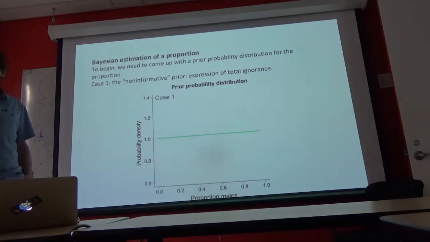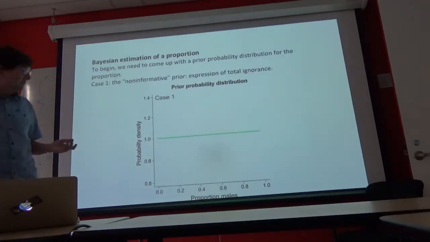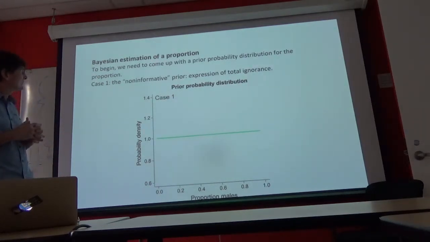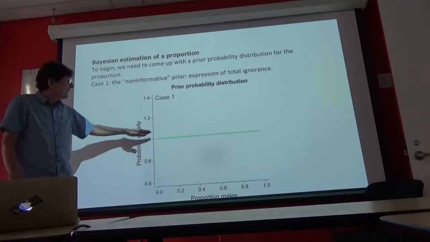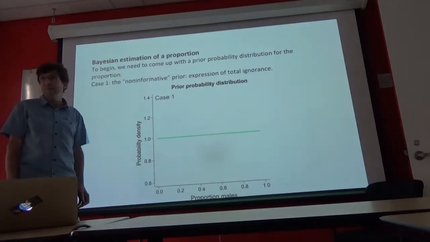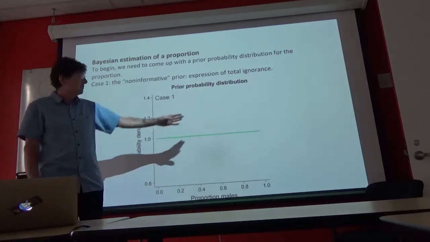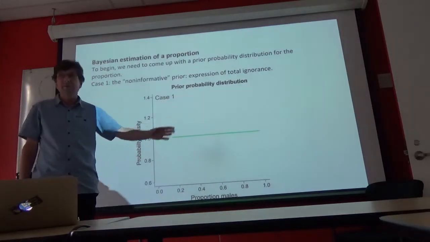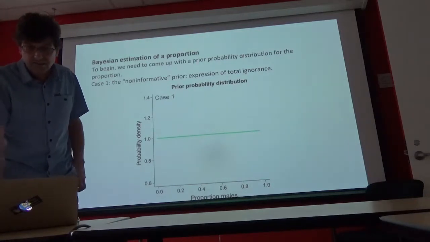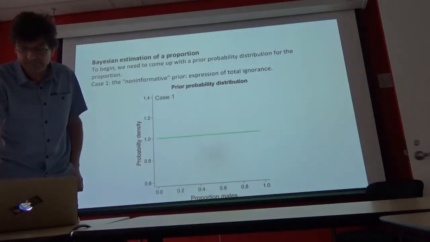The proportion of males emerging from this brand new bee species could be 0, could be 0.2, 0.4, could be anything. One convention that's used a lot in Bayesian data analysis is to express the prior in terms of total ignorance. It could be anything. The probability density is just completely flat and equal across the range from 0 to 1. So that's the non-informative or flat prior.